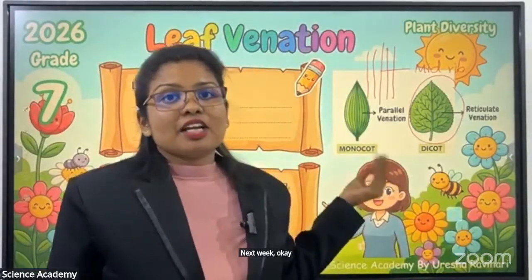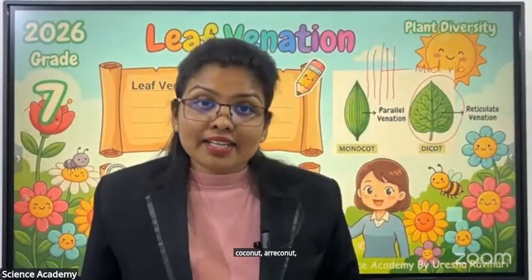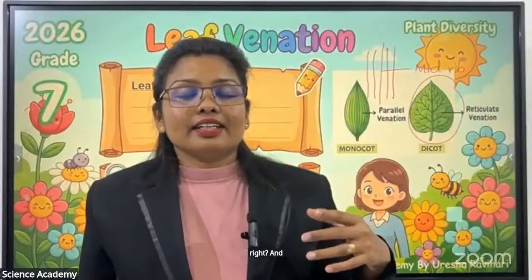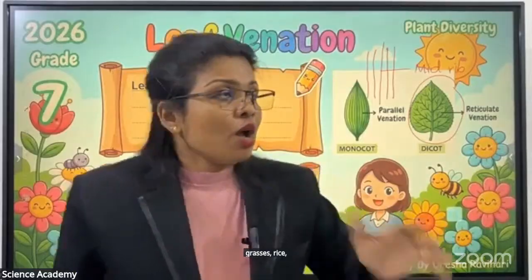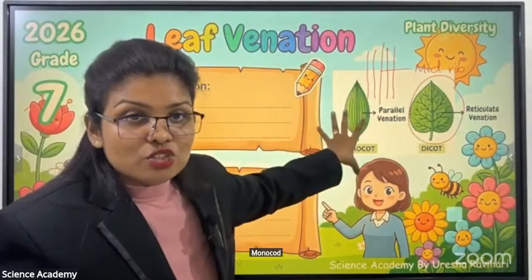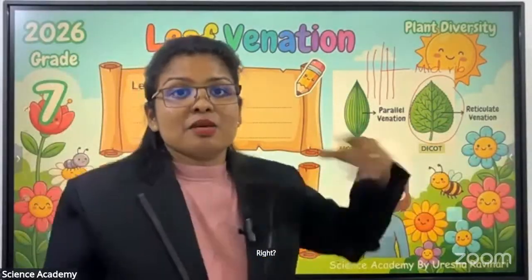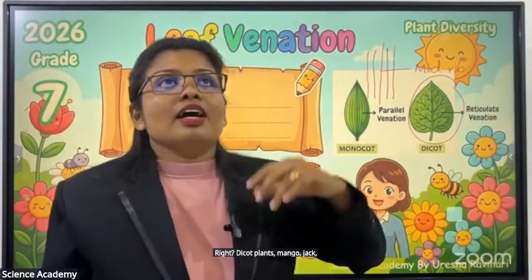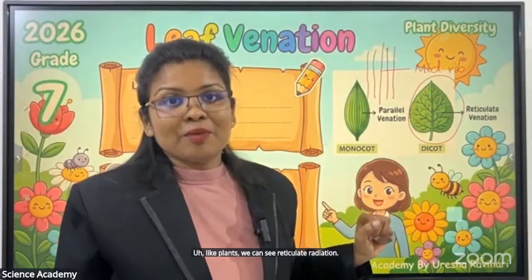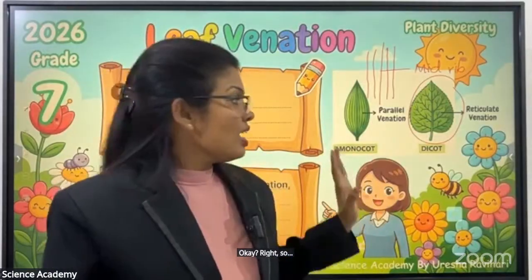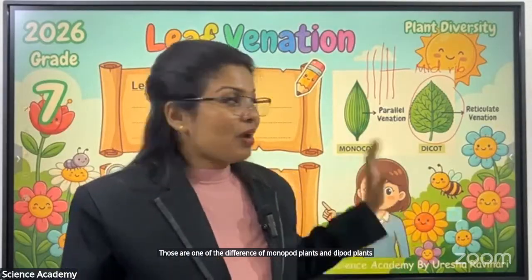Monocot plants, you know, are coconut, areca nut, palmyra, and grasses, rice. These are monocots. Monocot plant leaves always show parallel venation. In dicot plants like mango and jack, we can see reticulate venation. Those are some of the differences between monocot and dicot plant leaves.